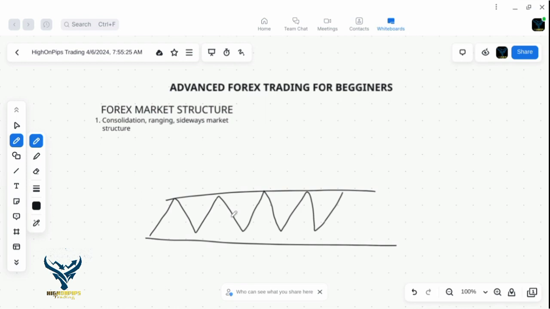If the market is moving up, then you want this. If it's moving down, then you want this. But if it's moving sideways, this is what happens, right?